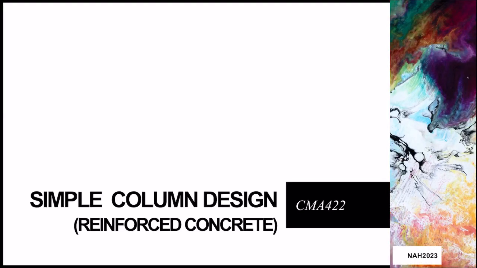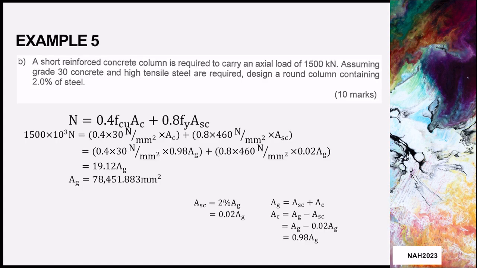Let's continue on example 5. A short reinforced concrete column is required to carry an axial load of 1,500 kilonewton. Assuming grade 30 concrete, which means the FCU is 30 Newton over mm square, and high tensile steel, which means Fy is 460.